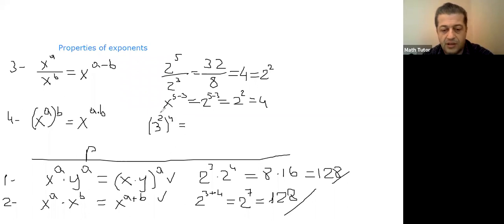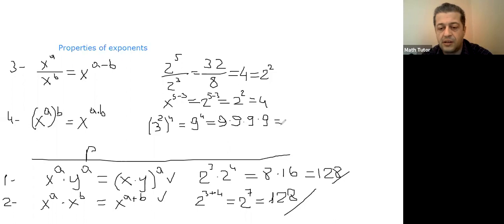Now, if we don't use any property, we would do first 3 at power 2, which is 9. 9 at power 4 means 9 times 9 times 9 times 9.